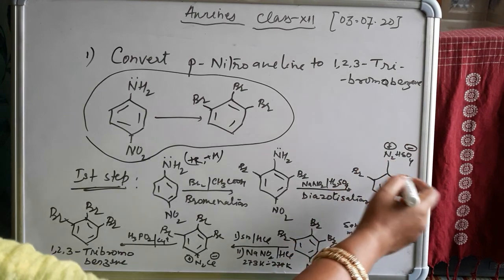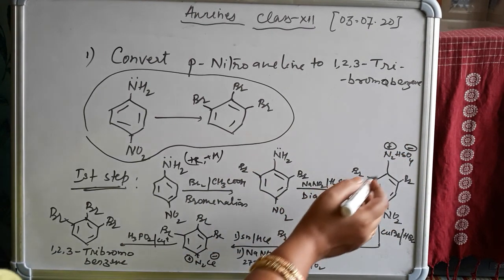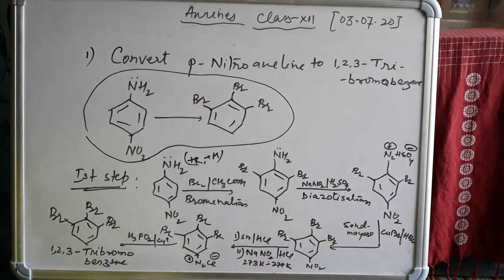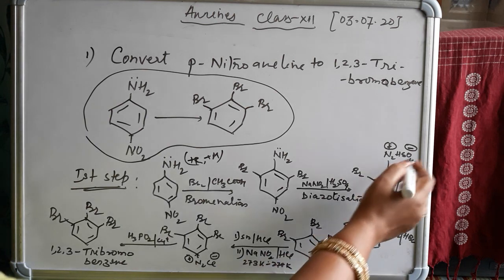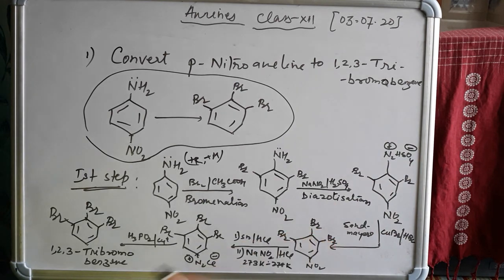We know that diazotization takes place in the presence of sodium nitrite and H2SO4. So we get this compound, and when it undergoes Sandmeyer's reaction, we use the reagent Cu2Br2 or CuBr in HBr, because we want Br here. So removal of this group takes place and Br is substituted here. Now at last we are trying to remove this NO2 group.